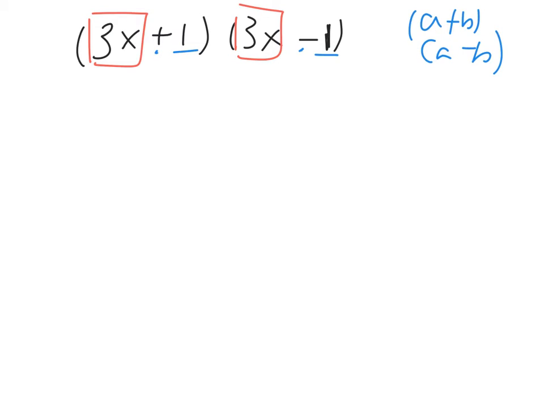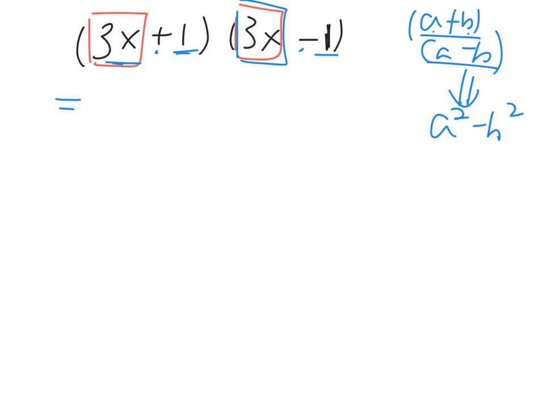But this time a is replaced by 3x and b is replaced by 1 only. Because a is replaced by 3x, that means a should be replaced by the whole 3x, right? Whole 3x. And because it's the a plus b, a minus b format, you know that this can become a squared minus b squared, so we can use this to expand it.